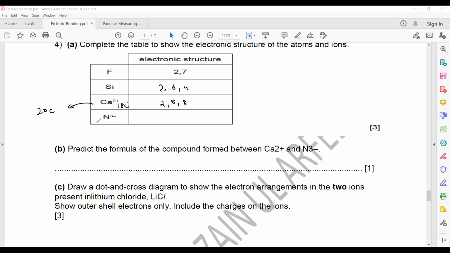The nitrogen atom has 7 electrons, but it's a nitrogen ion, so it will have 10 electrons as the charge is -3, so it will be 2 and 8. Then predict the formula of a compound of calcium nitride. Yes, Abdullah, that's correct. Calcium is +2, nitrogen is -3. When we cross multiply, it will be Ca3N2.